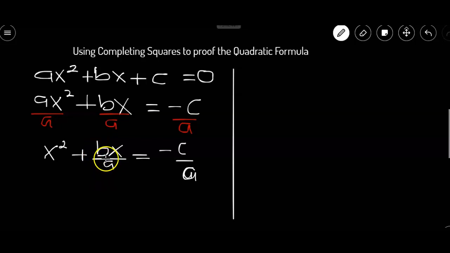So the coefficient of the x is b over a, and we divide it by 2 when we are completing the square. So now we have a fraction divided by a whole number.